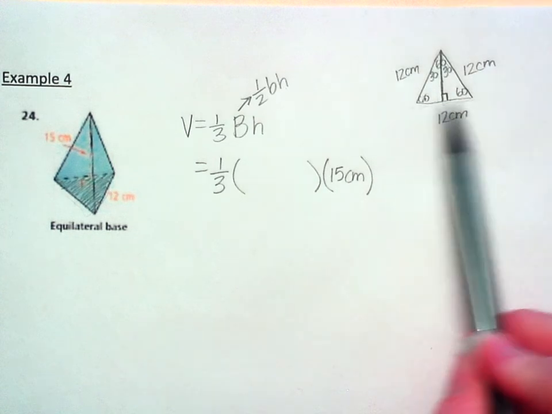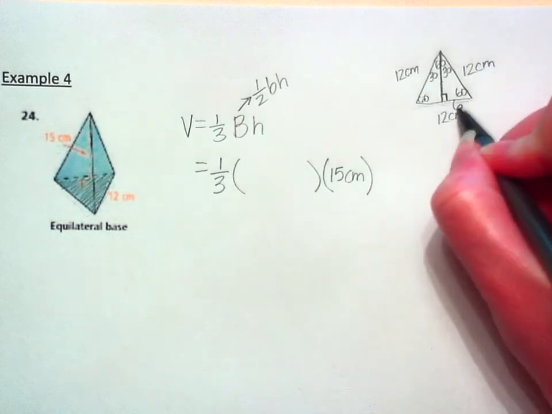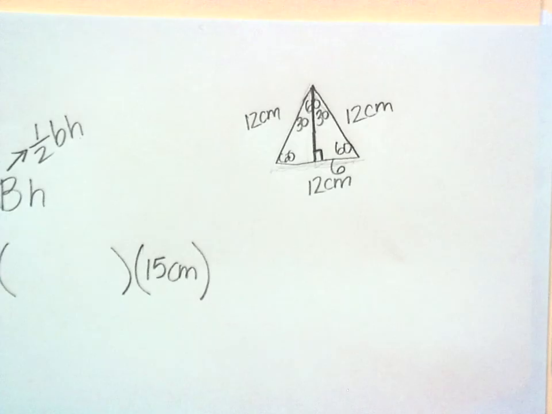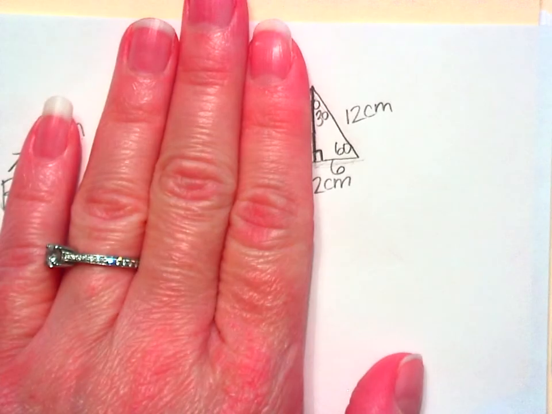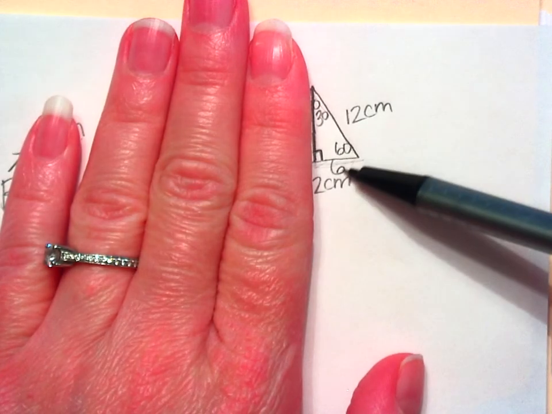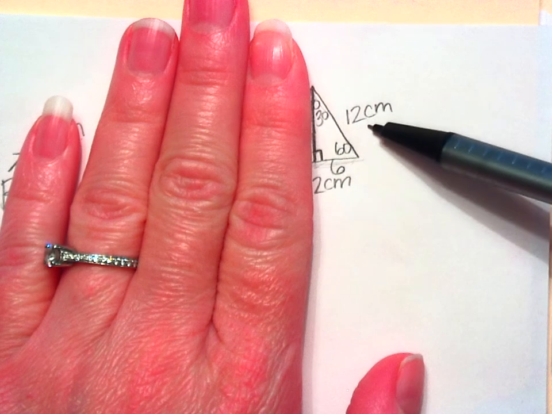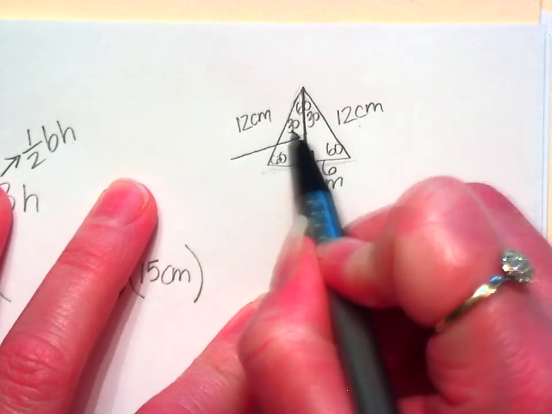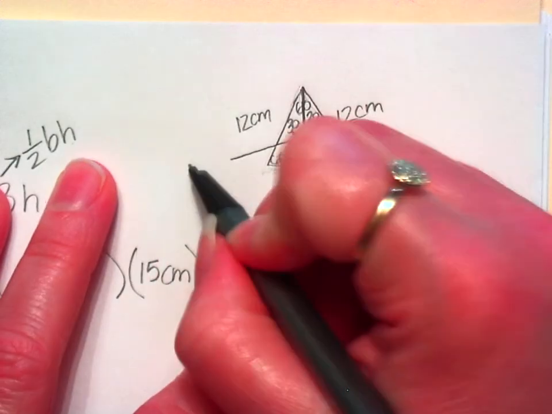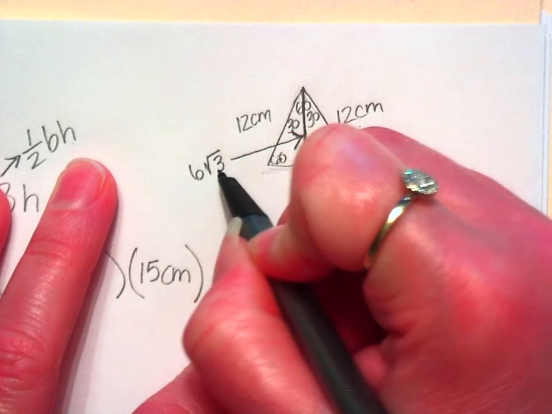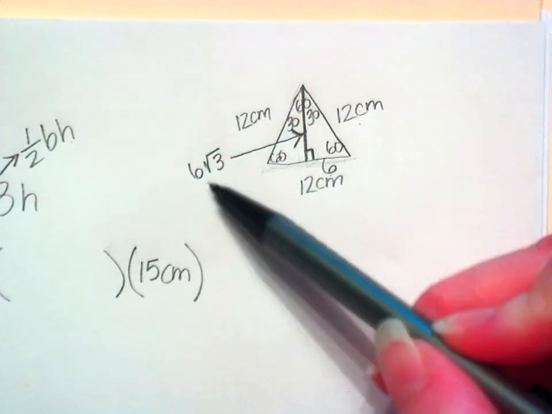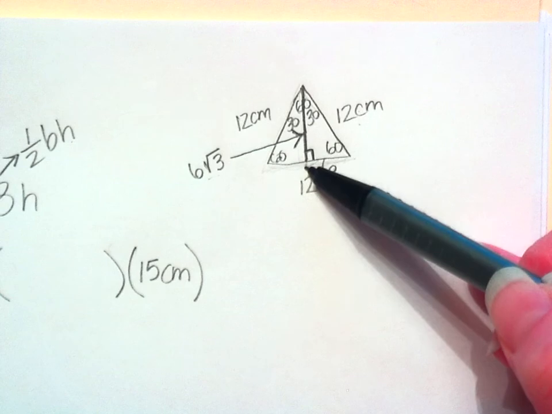If this entire base is 12, this is 6. And in a 30, 60, 90 triangle, this is your n, this is 2 times n, and this side, right here, is your n square root 3. N, 2n, n square root 3 right here.